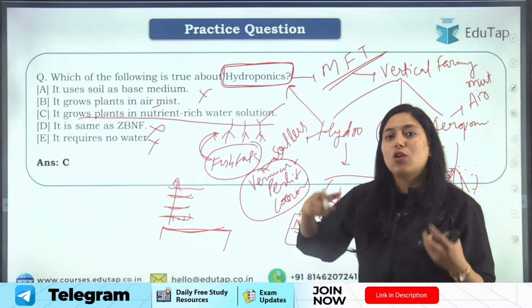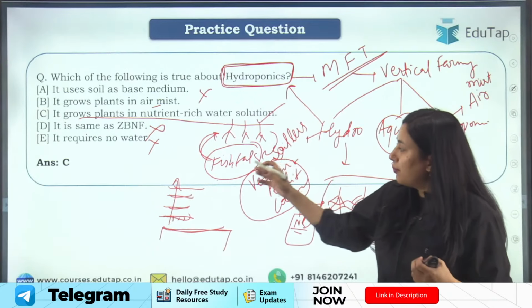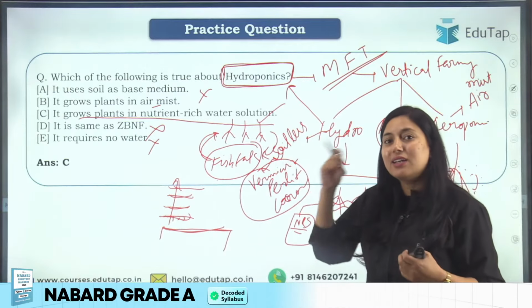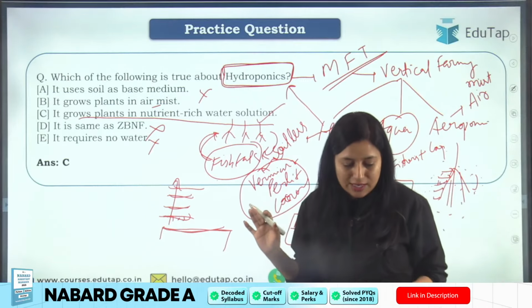Crop will utilize all the ammonia. The water will get filtered out and it can be recycled back to the fish tank. So this is your aquaponics. I hope now it's clear.